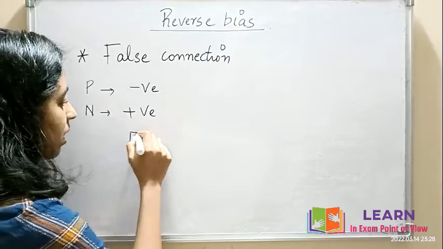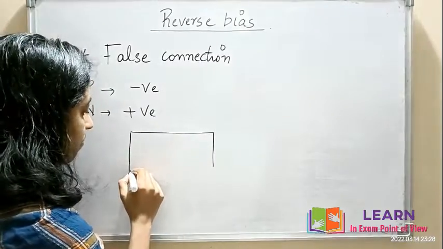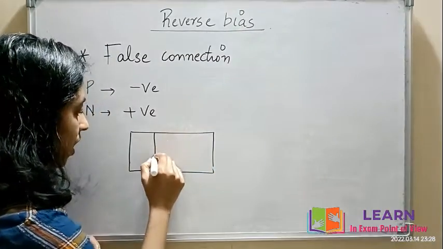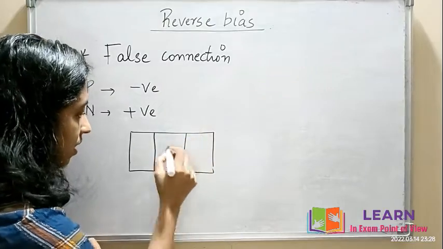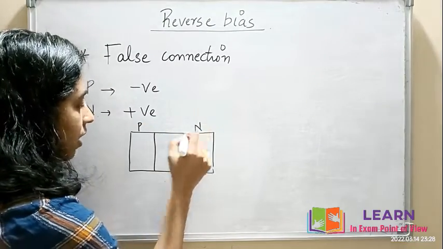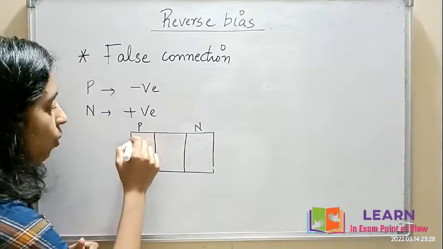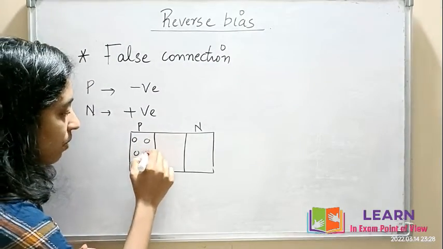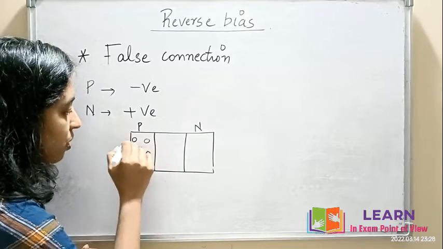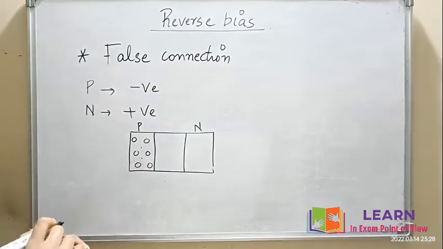In the block diagram you can represent this is P and this is N. In the P type, the majority charge carriers are holes, right? Holes are the majority charge carriers. In between, minority electrons will be there.